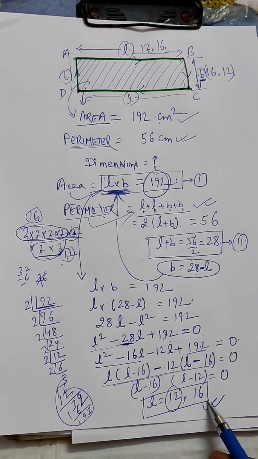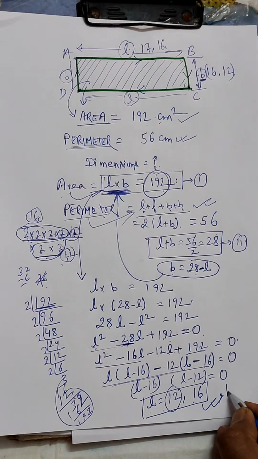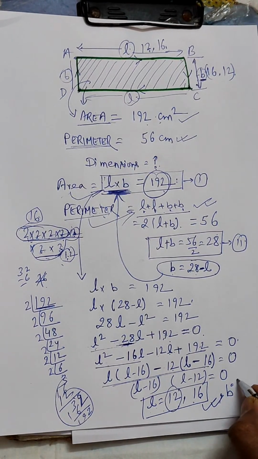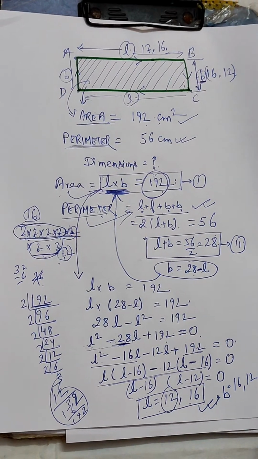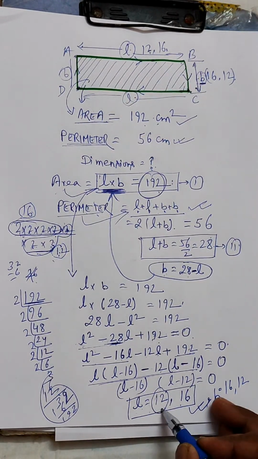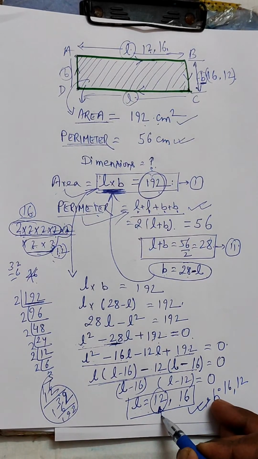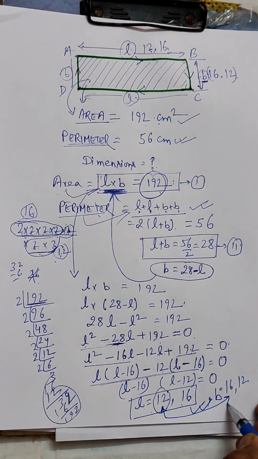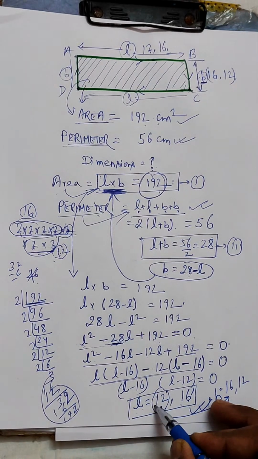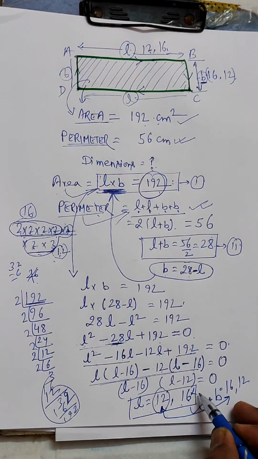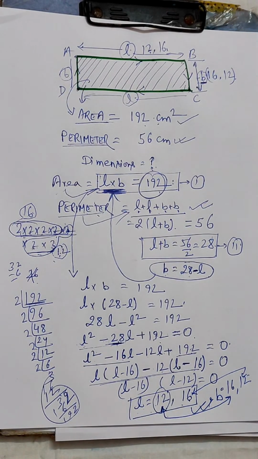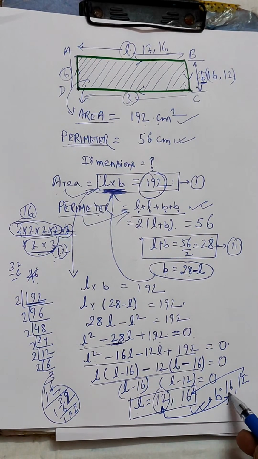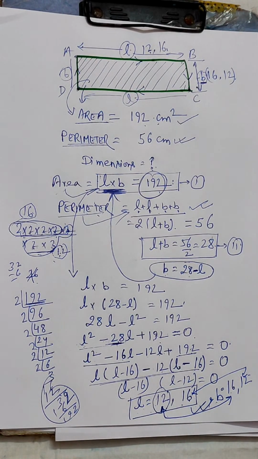So this will give you the corresponding value of B as 16 and 12, right? Because for L as 12 the breadth will be 16, and for L as 16 the breadth will be 12. Generally the length is higher, okay? So that's why we'll consider L as 16 and B as 12, right?